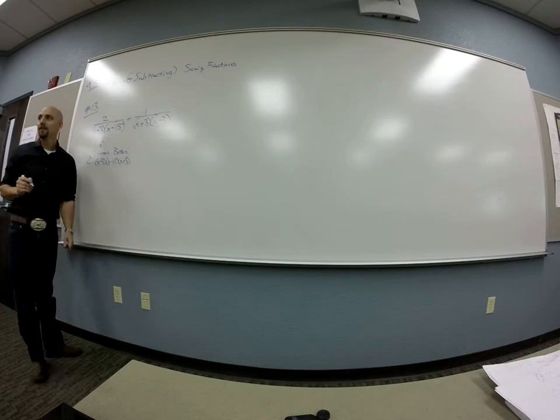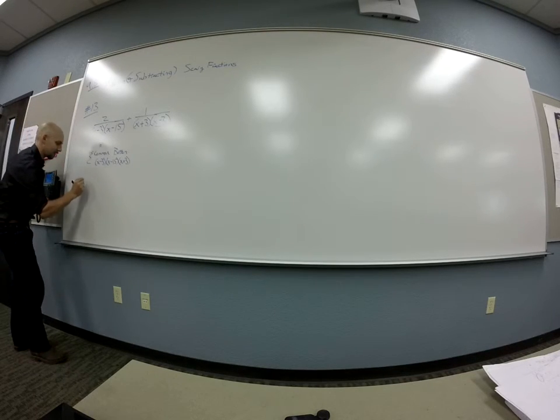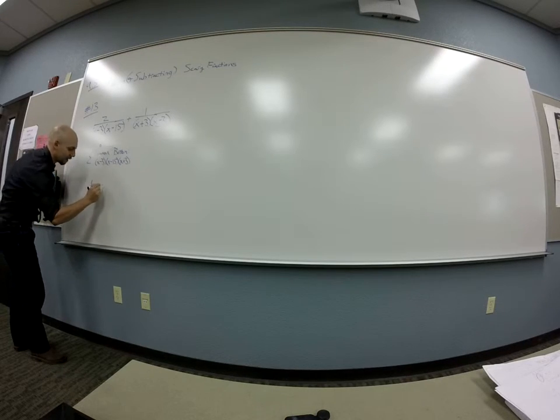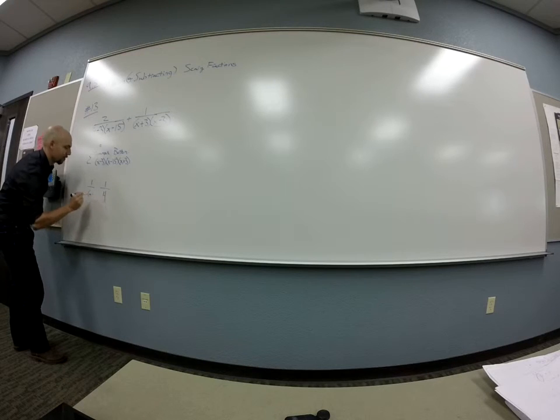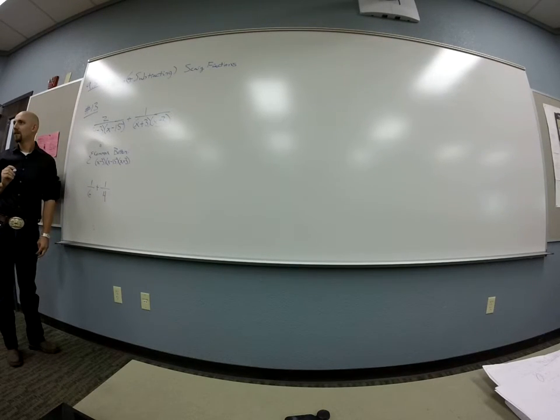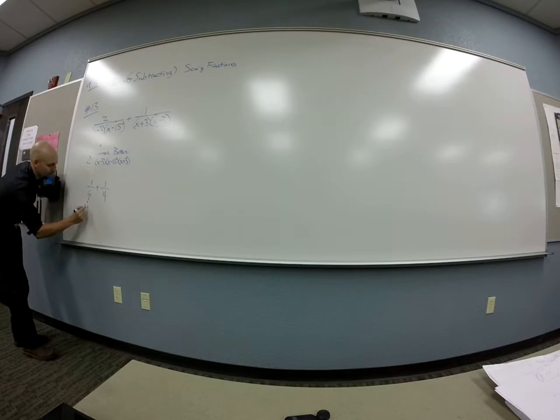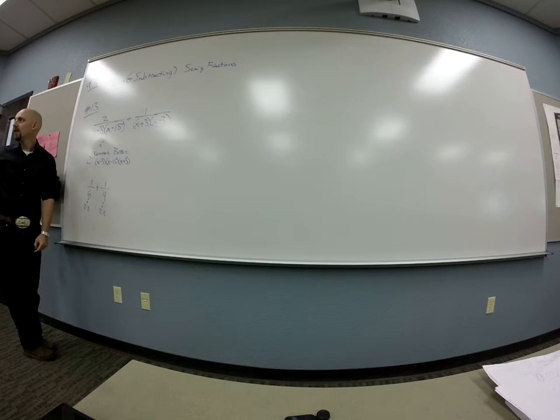You guys see that? This is like the common bottom between, just for example, if I had a sixth and a fourth that I was adding together, I would think, okay, 6 is 2 times 3, 4 is 2 times 2, right?